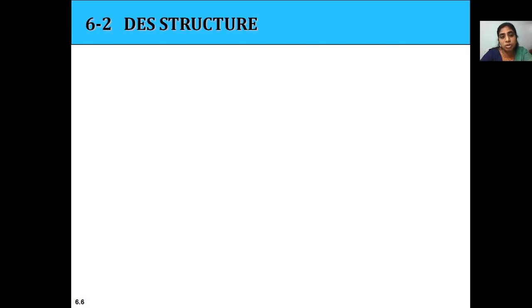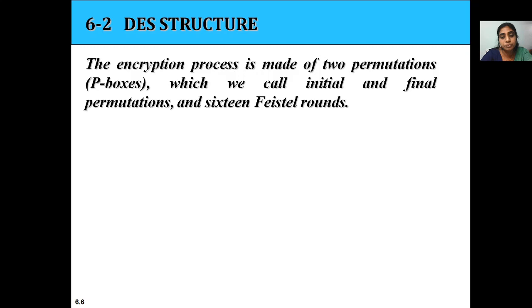Coming to the structure of the DES. Initially the structure contains two permutations, or two P-boxes, that is the initial permutation and the final permutation, and the number of rounds in the DES algorithm is 16.